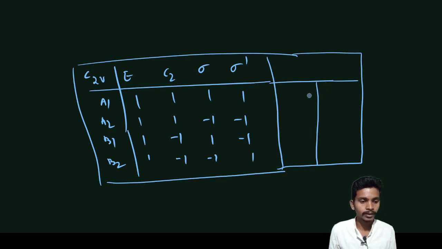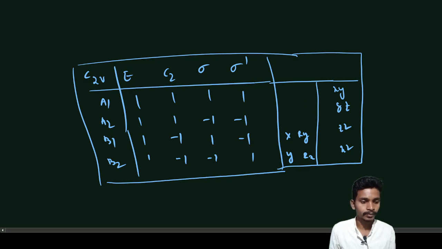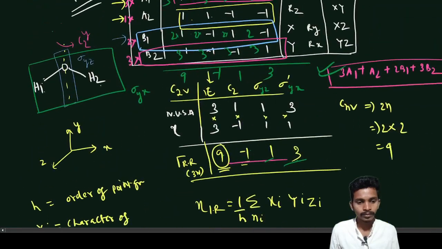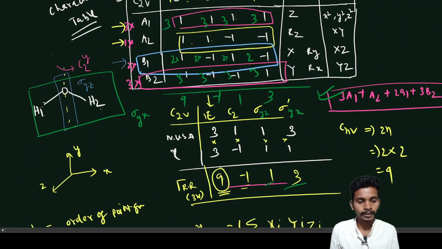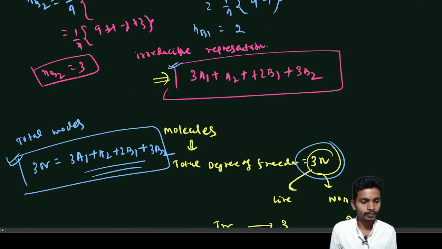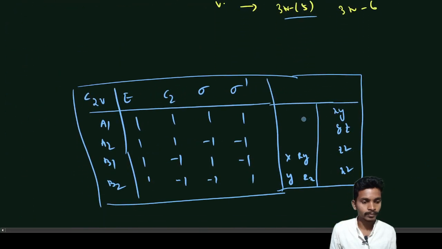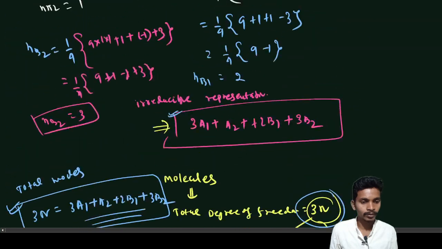What things are there here? I think x is there, and this is Ry, and this is y, and this is Rx, and here xy, yz, and z square and x square are there to look. Z, Rz, xy. So this is z, this is Rz, and here I'm wrong.